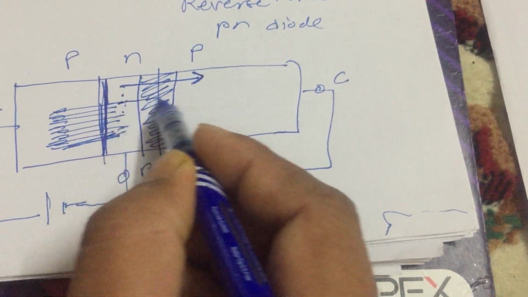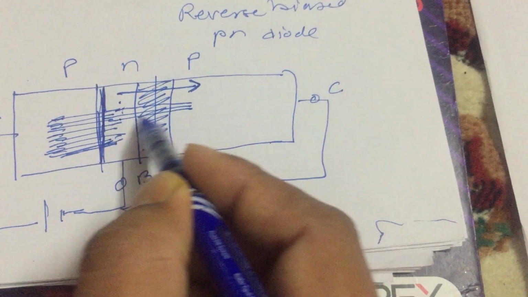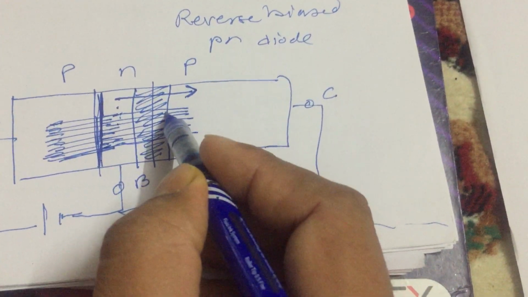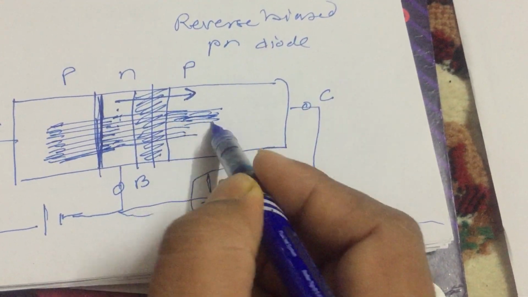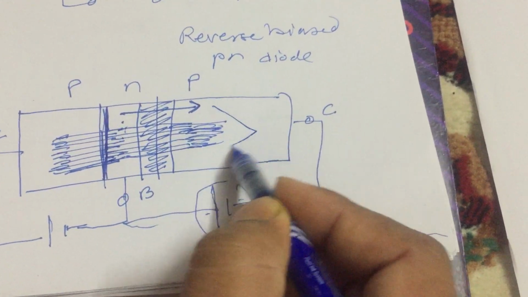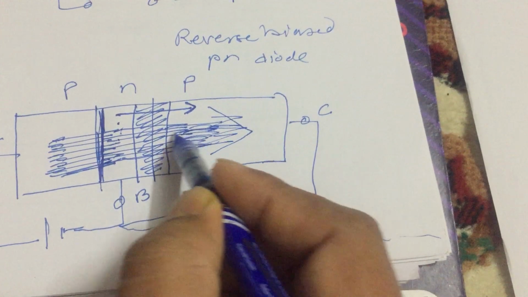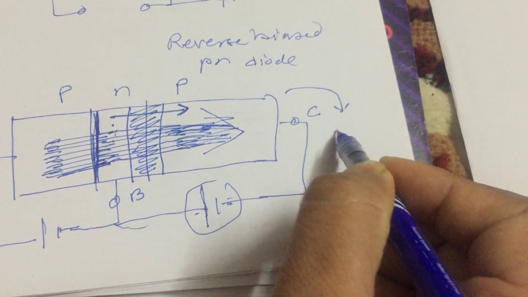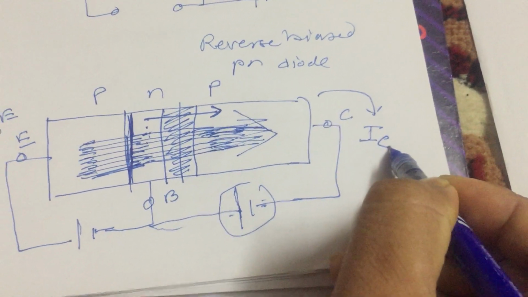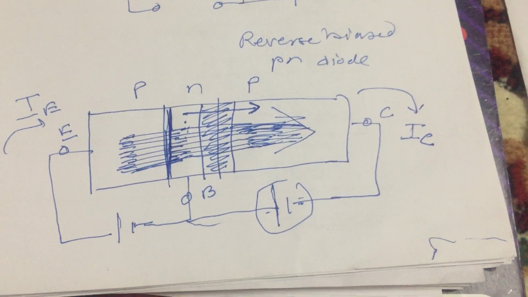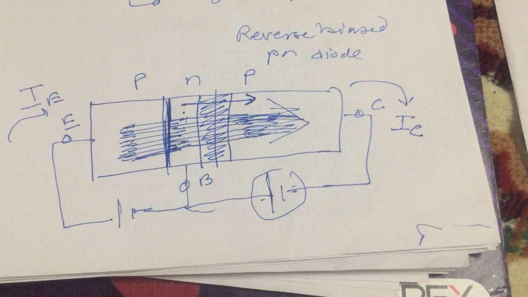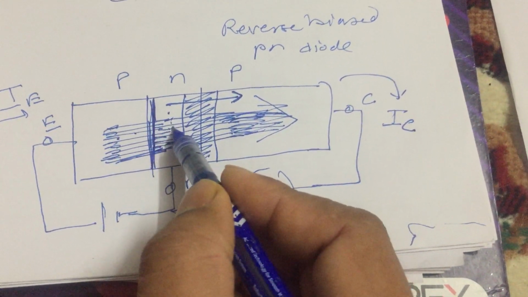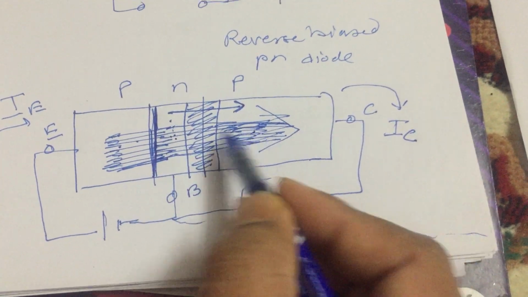So these holes can easily cross the junction, and when they cross the junction, this current becomes the collector current, that is IC. Is it clear?